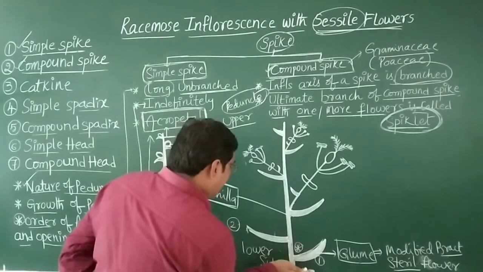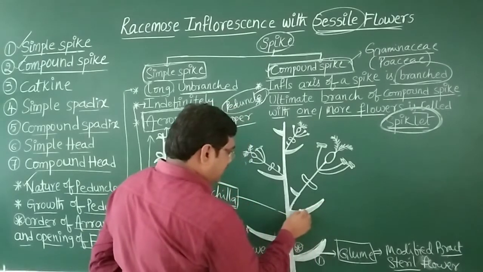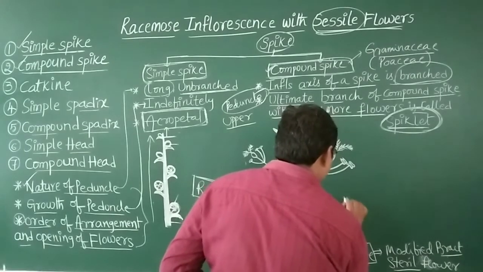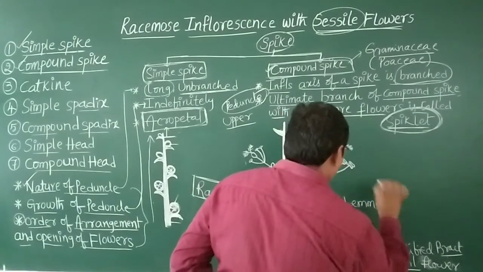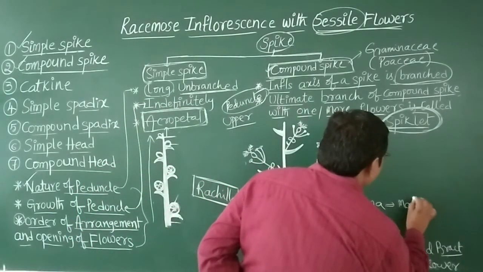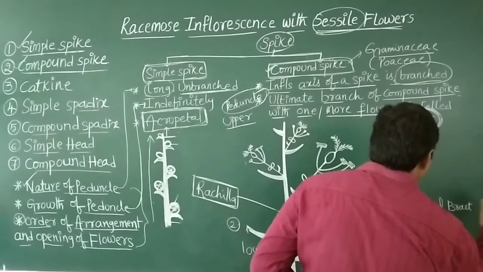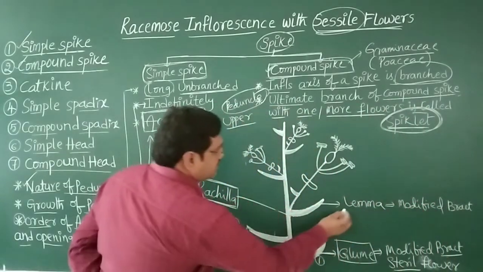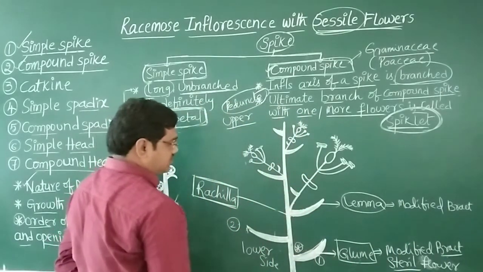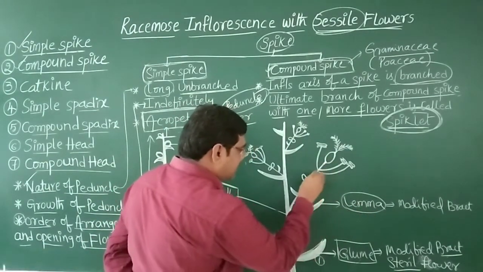Okay. Next, at the upper side of the glumes, one more modified bract is there. This is called the lemma. The lemma is also a modified bract, just above the glumes. Each lemma has a flower.